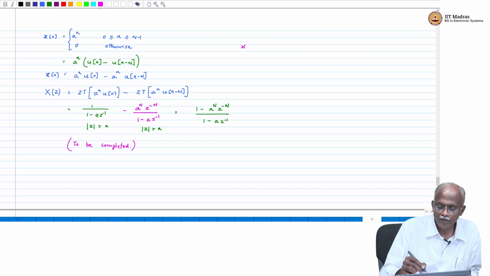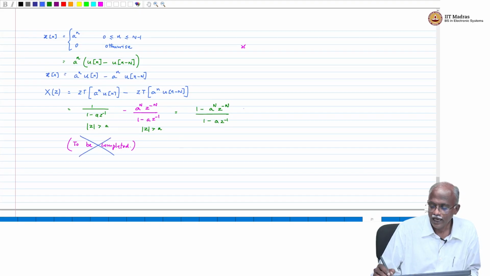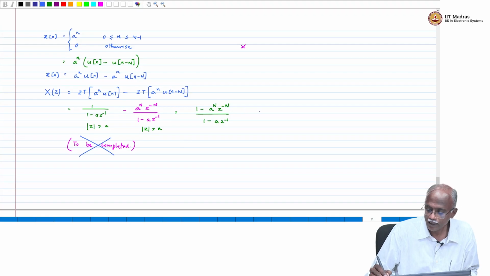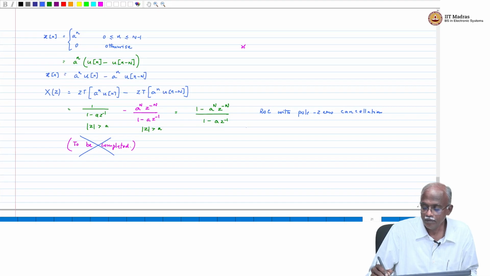So I will now strike out the fact that this has been completed, and remember this is an ROC with pole zero cancellation, and because of that pole zero cancellation, we then have the ROC as the entire z plane.